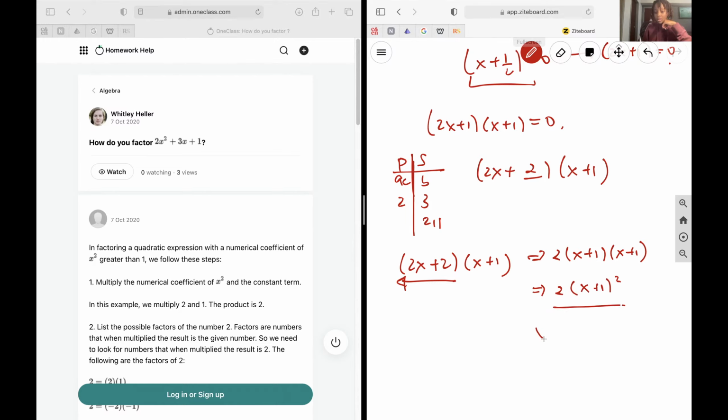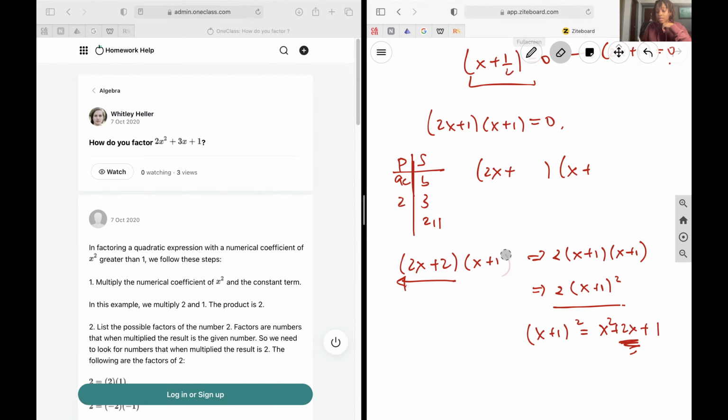This is obviously not correct, because x plus 1 squared is going to give me x squared plus 2x plus 1. That multiplied by 2 is not going to give me what I'm looking for. It's going to give me 4x here instead of the 3x that I need. So I can already tell this is wrong.